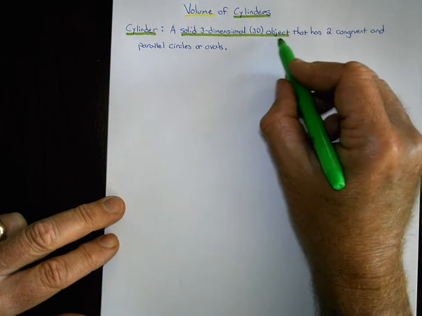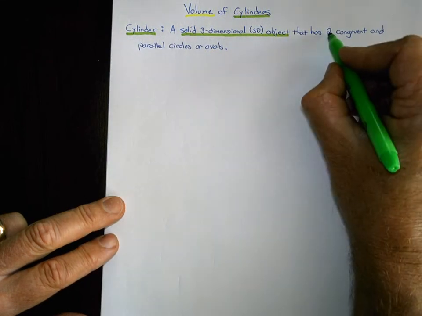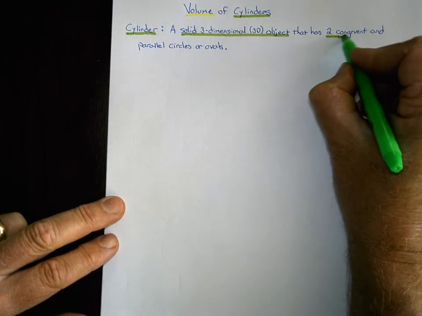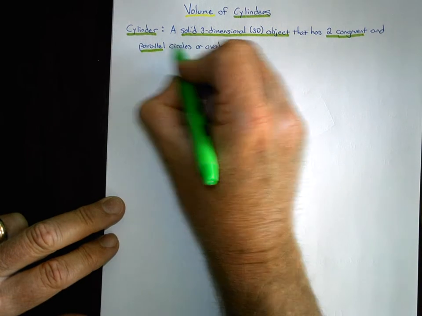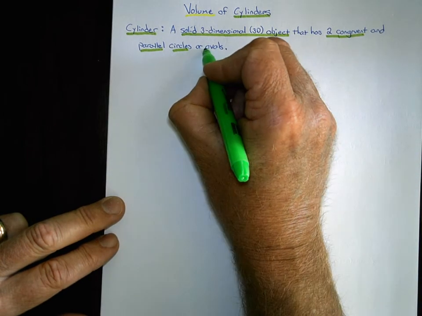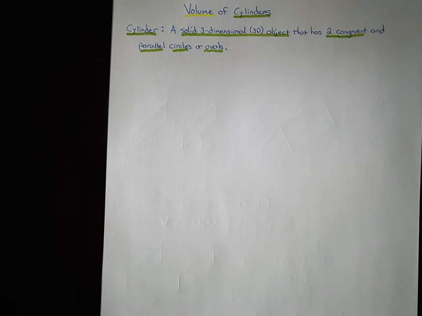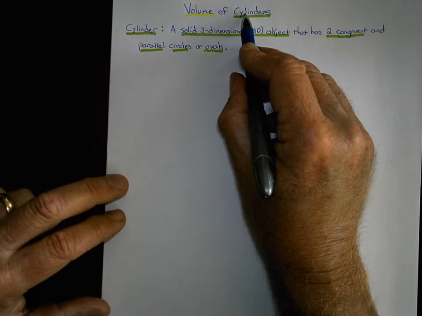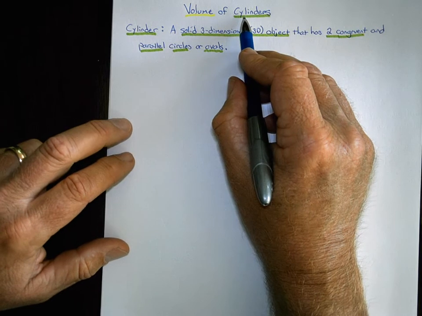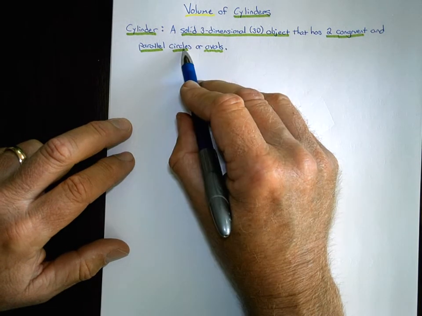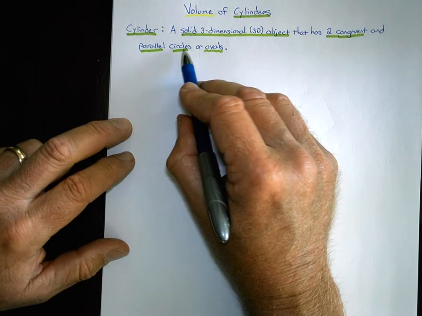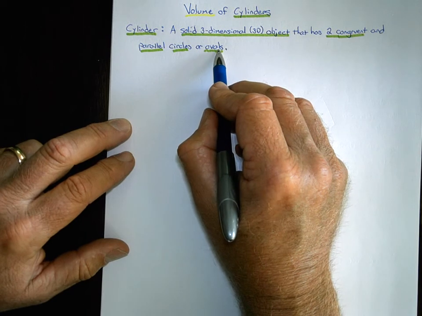And then it has to have two congruent and parallel circles or ovals. You'll find out today that all of the cylinders that we work with always involve circles. We're not going to have any cylinders that involve ovals.